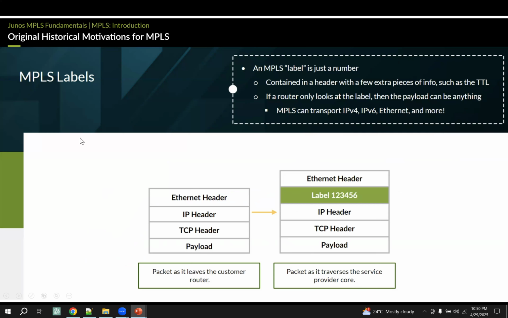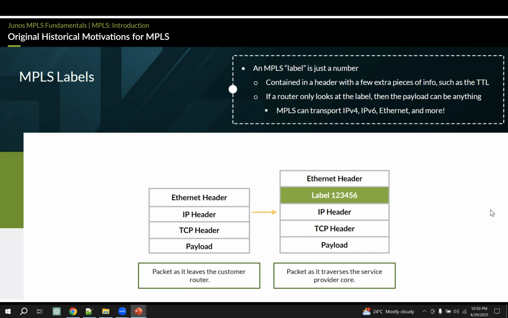Now we will discuss the MPLS label. An MPLS label is just a number, just a numeric number. See here the packet header: the Ethernet header, then the label, then the IP header, TCP header, then the payload.